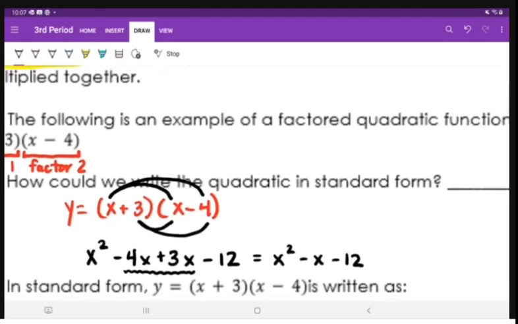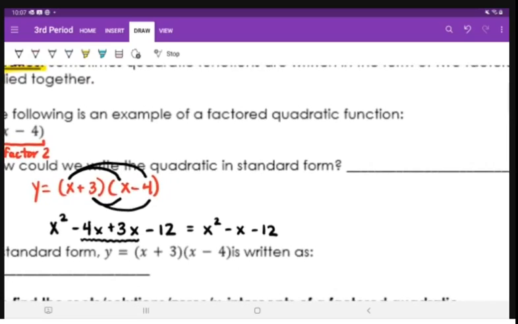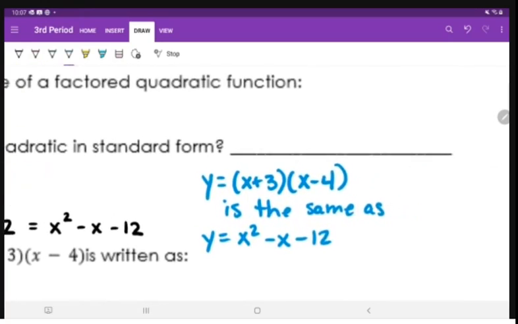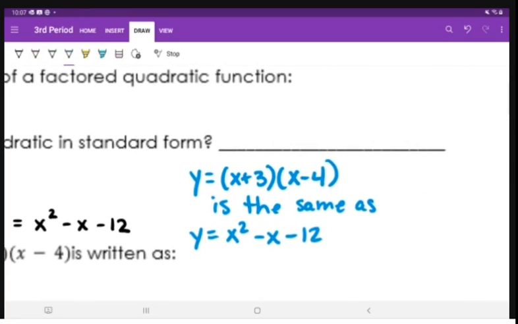For now, what I want you to see is that y equals x plus 3 times x minus 4 is the exact same thing as y equals x squared minus x minus 12. These two things are exactly the same.